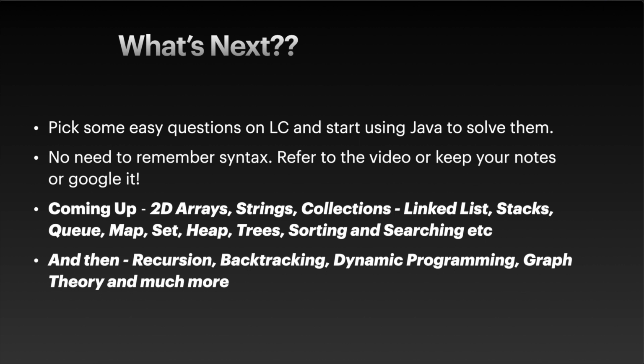We'll see examples of how to traverse and access each element, add an element to a collection, and remove an element from a collection. We'll also see how to sort any collection in Java using the library method provided to us, and how we can do binary search using the collections framework.